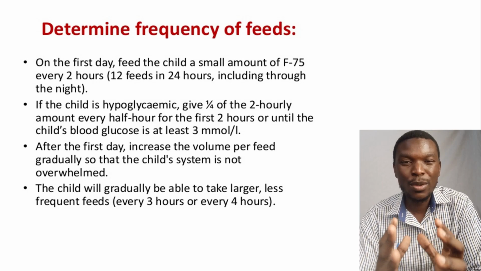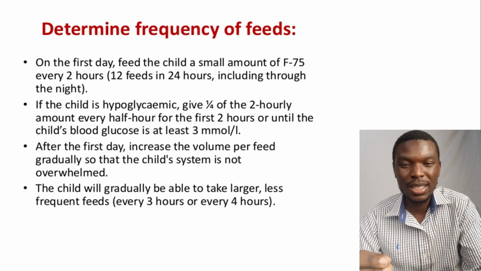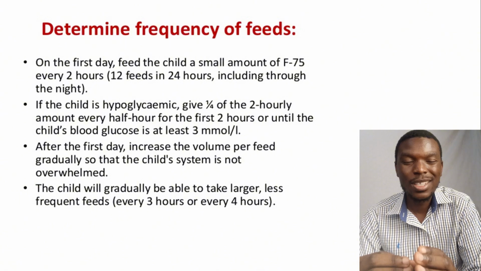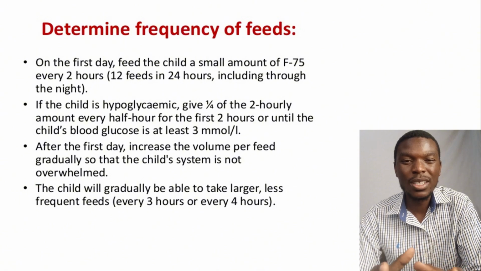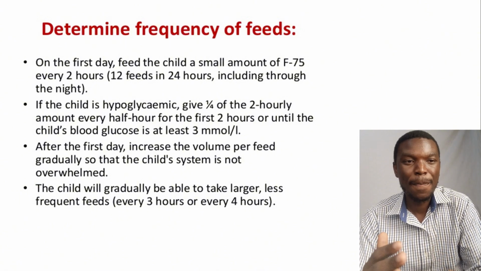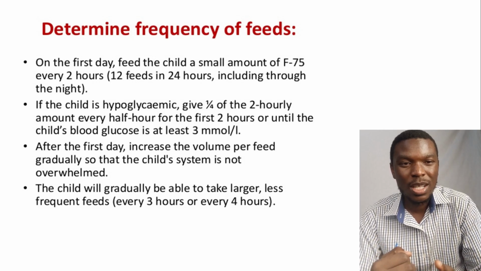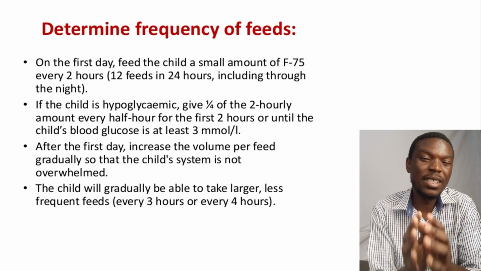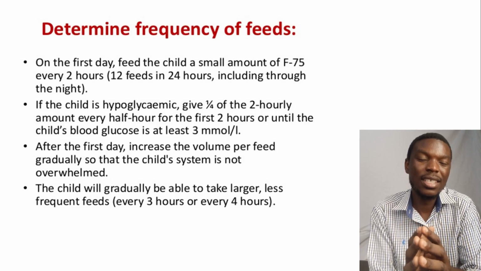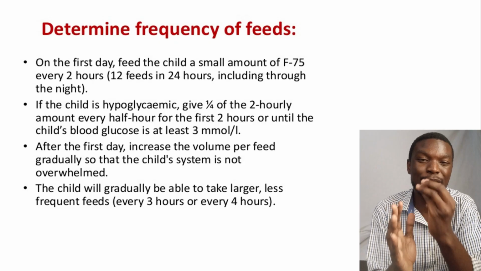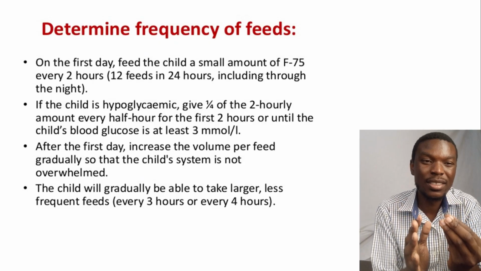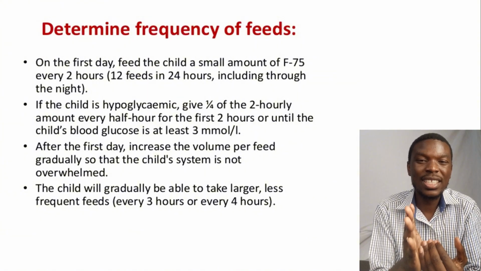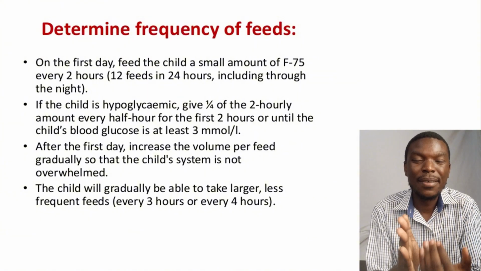We discussed how you can use this feed to correct the hypoglycemia, where you're giving a quarter of what you're supposed to give in 2 hours every 30 minutes. Now, you are giving a small amount of this feed in this 24 hours. So you're just giving small portions every 2 hours. But with time, you can now start giving larger feeds.